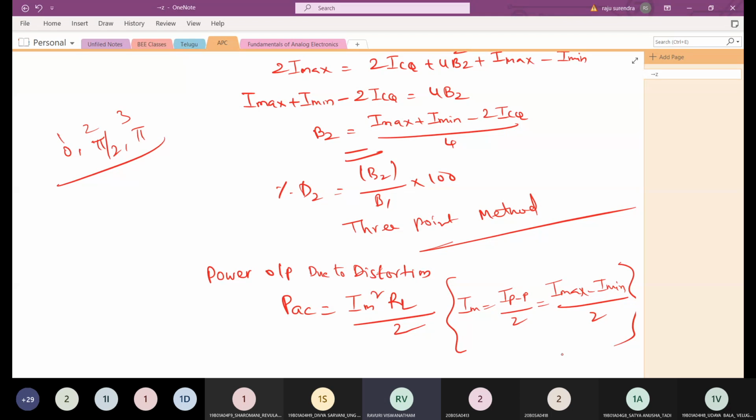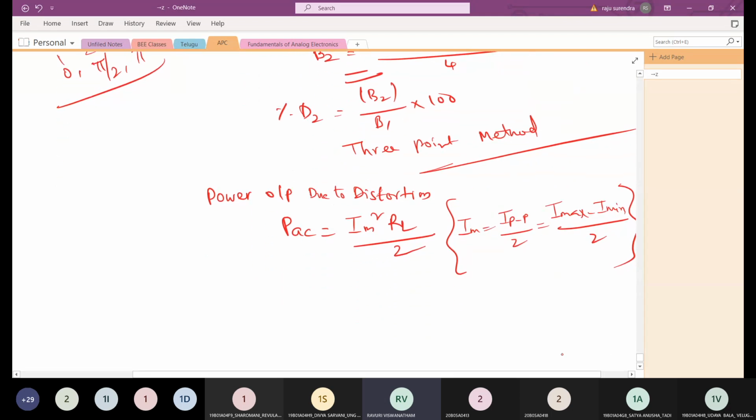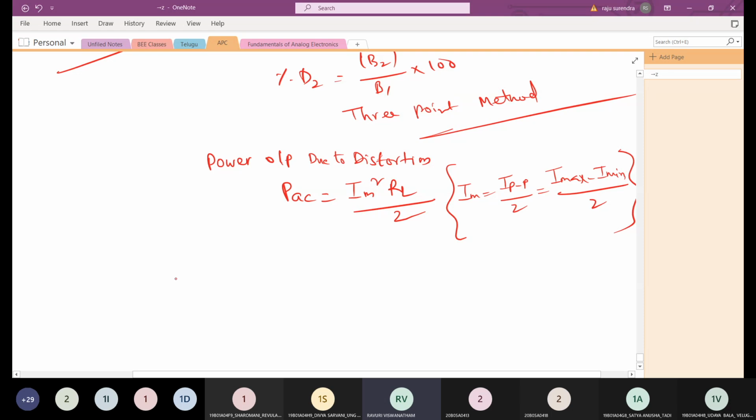And directly for the first harmonic component, B1 is equal to I max minus I minimum by 2, which we already calculated. So B1 is equal to I max minus I minimum by 2, which is equal to IM.